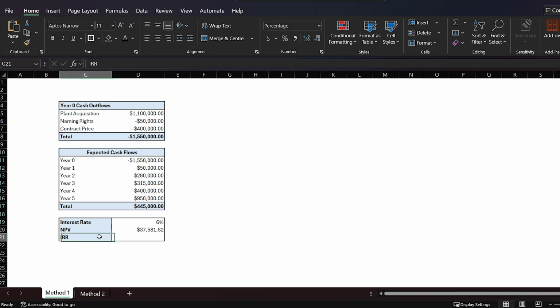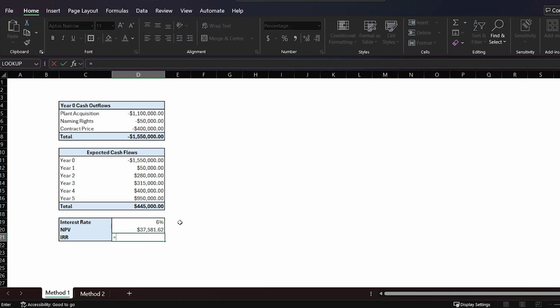Now we have internal rate of return, which is just the rate of return generated by this project over the course of its lifetime. This is a pretty simple one. We simply do the formula equals IRR, open parentheses, and then we do all of our values, close parentheses, and we have an internal rate of return of roughly 6.6%.